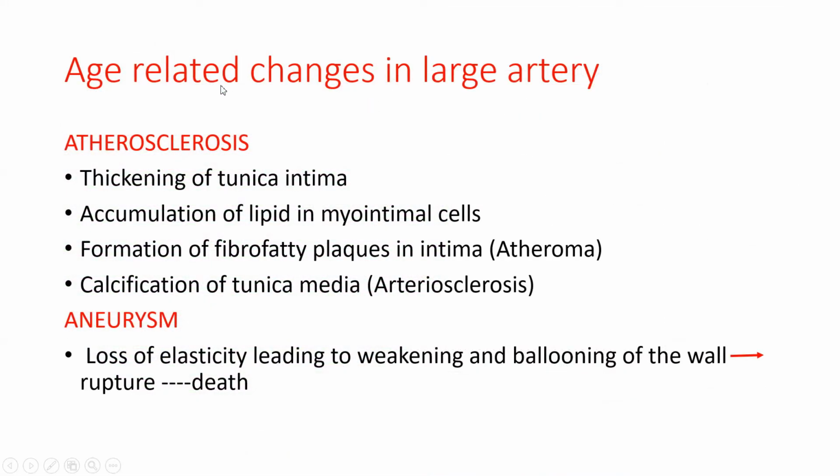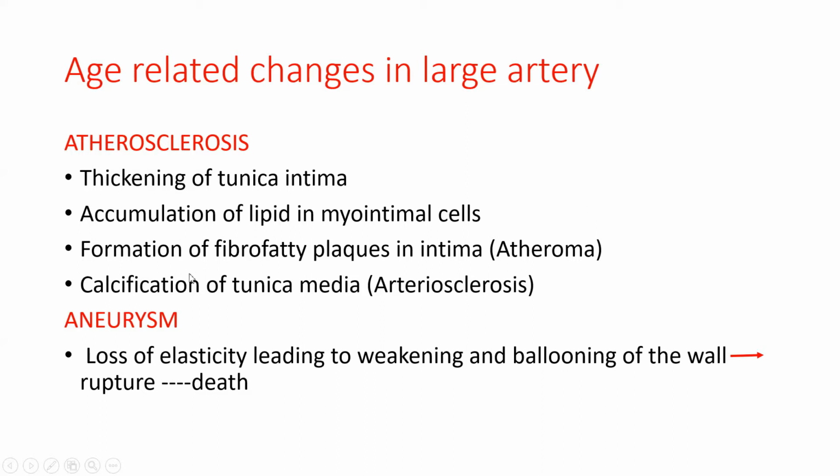As age advances, the large artery as well as coronary artery show atherosclerotic changes in the wall. These changes are thickening of tunica intima, accumulation of lipid in myointimal cells, formation of fibrofatty plaque in intima known as atheroma, and calcification of tunica media called arteriosclerosis.